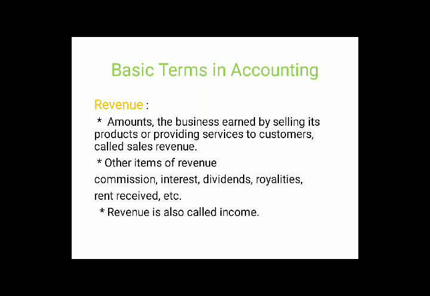And if the company has a building that it has given out for rent, and the tenant is paying rent, all of these, any and every income that a company receives, will be called revenue.